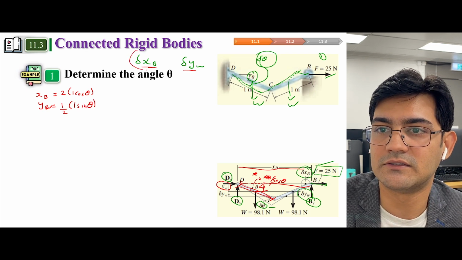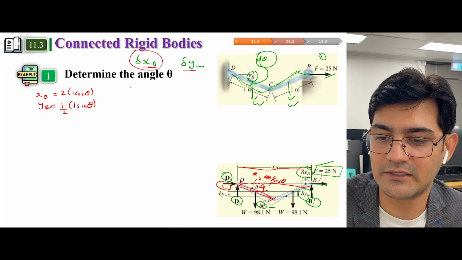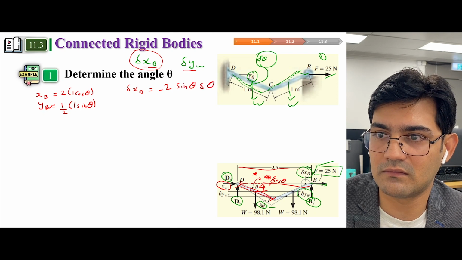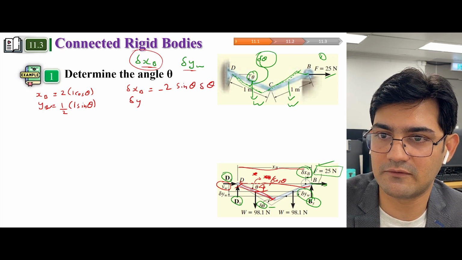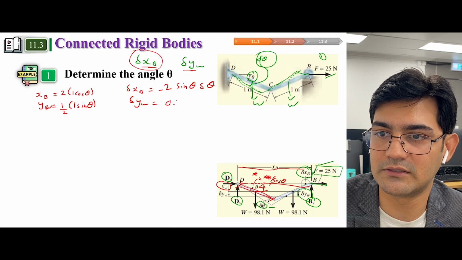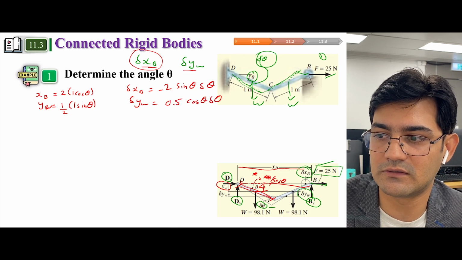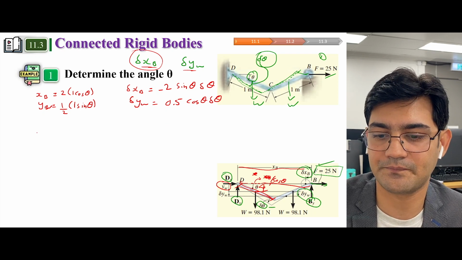And if we take the derivative, then we will get this, and for yw we will get 0.5 cos of theta delta theta.